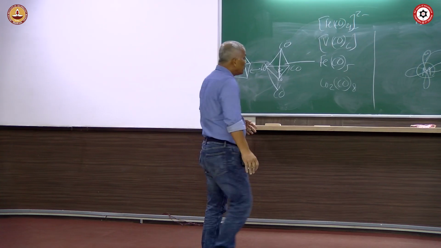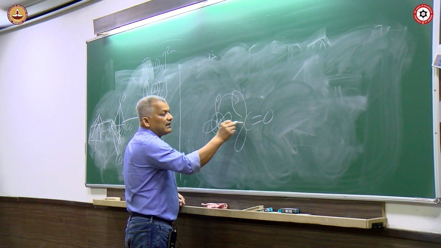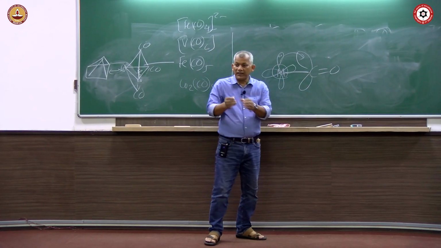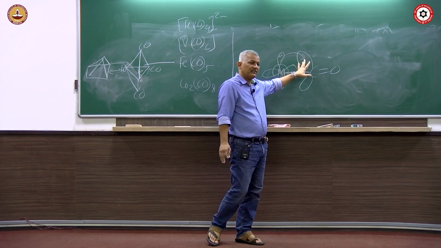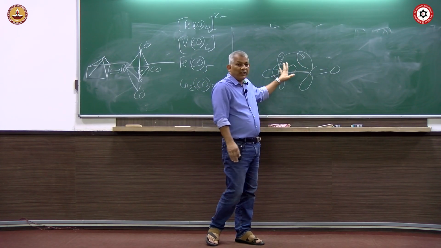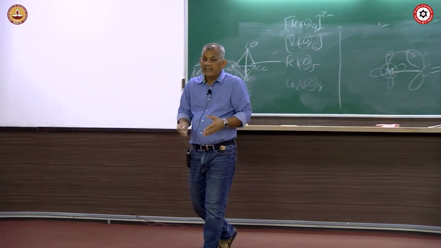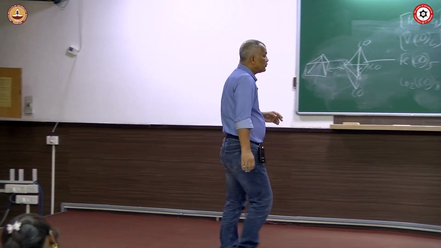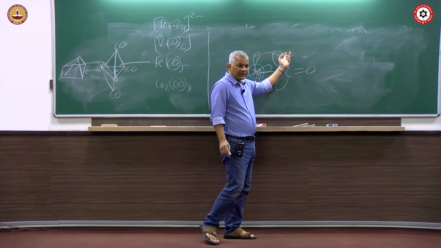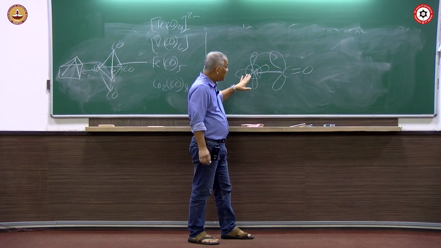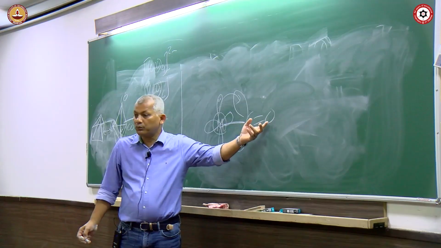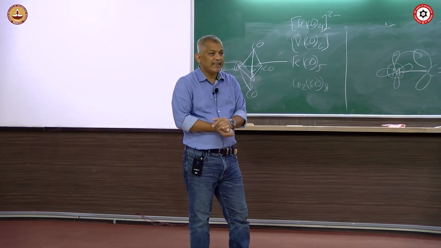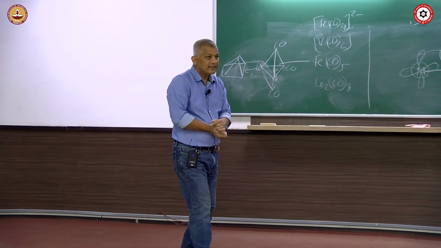So the metal carbon bond becomes stronger and the CO bond gets weaker if you have more back bonding. You understand the concept? If the metal has more negative charge or is electron rich in nature, there will be more back bonding to this pi star orbital of the carbon monoxide, and eventually it makes the metal carbon bond stronger and the CO bond weaker. If the CO bond gets weaker, your frequency gets lower. Okay, so that's reflected.